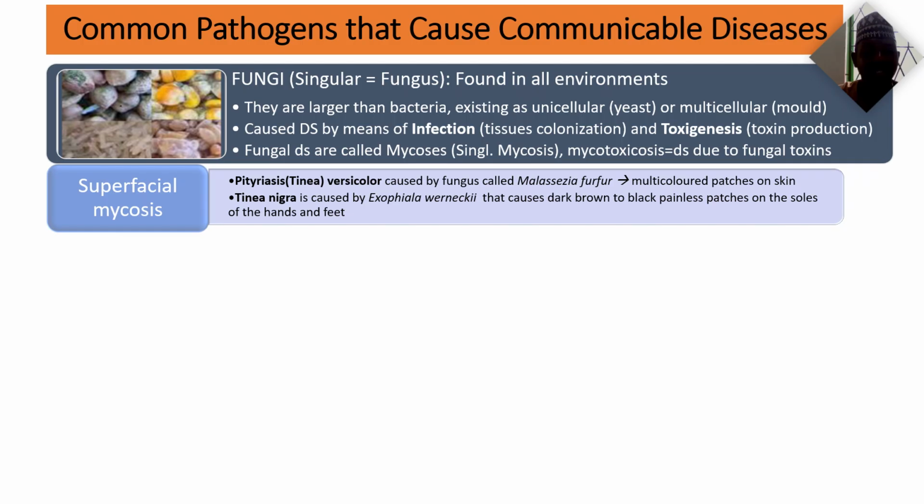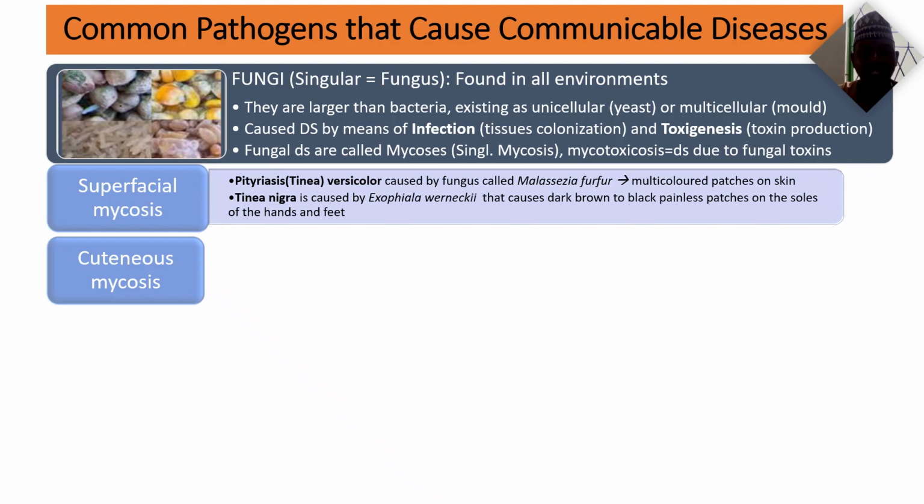An example of this is pityriasis versicolor or tinea versicolor, which is a fungal disease that is caused by a fungus called Malassezia furfur. This fungus produces a lot of multicolored patches on the skin, especially on the trunk.